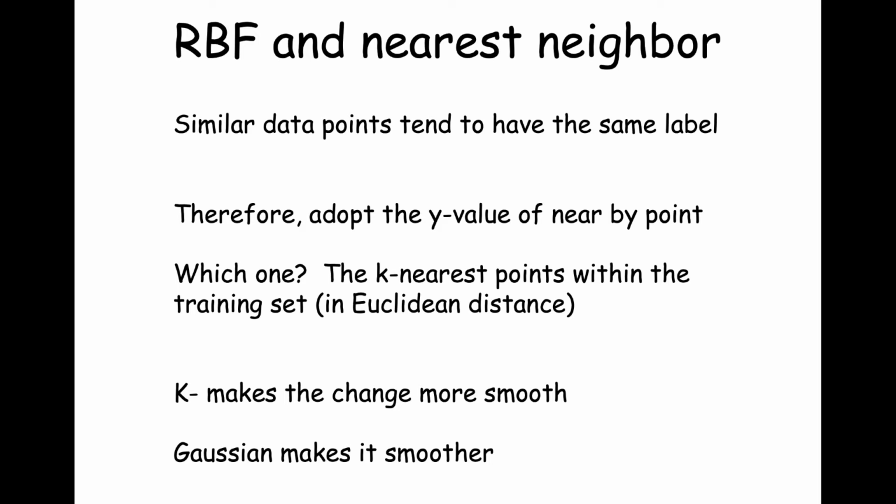Well, this makes the change in feature space associated with various labels much smoother as you go from one point to the next. Now, instead of using k-nearest neighbor, one of the things that you can use is the radial basis function, and that also has the effect of smoothing out the decision boundaries of something like a k-nearest neighbor or similarity-based method.